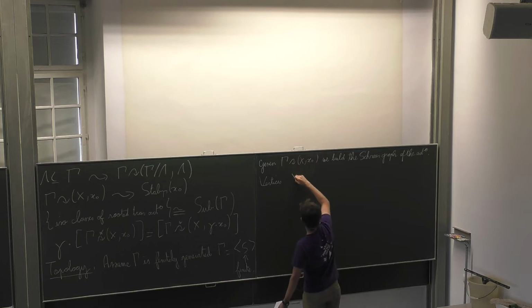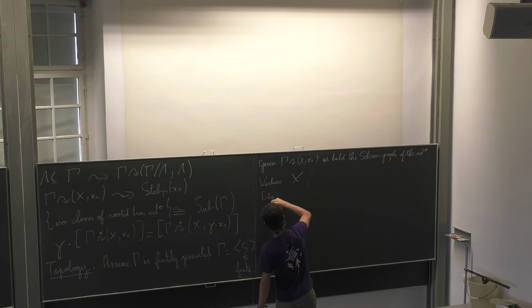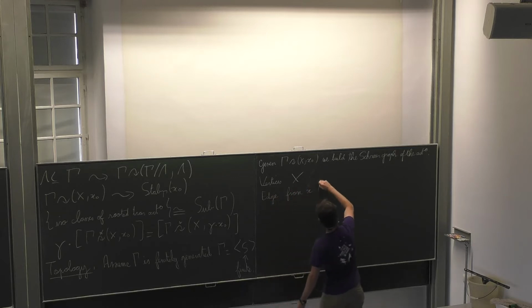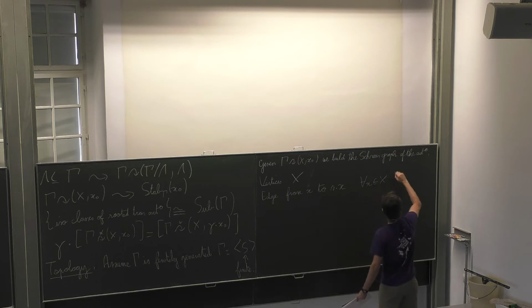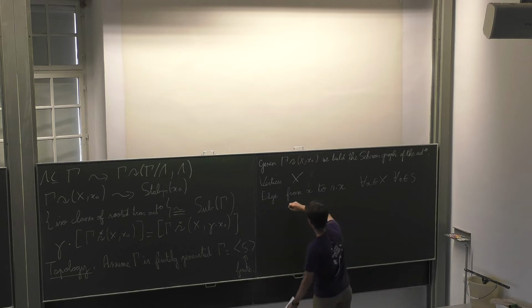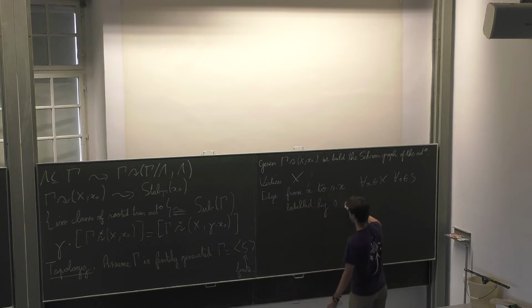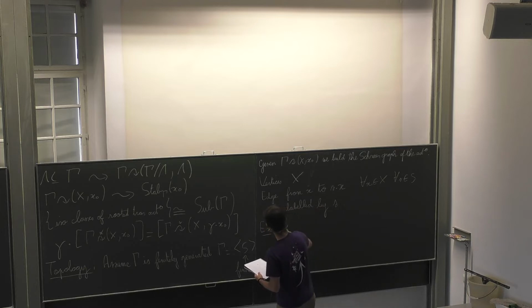But the vertices are just formed by elements of X, and the edges, you put an edge from X to S times X, for every X in X, for every S in S. And this is actually a labeled graph. So you label this edge by S.